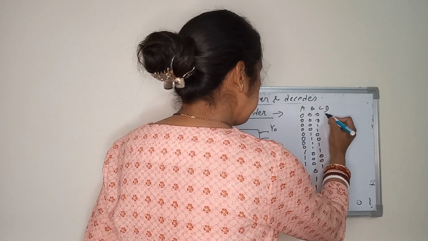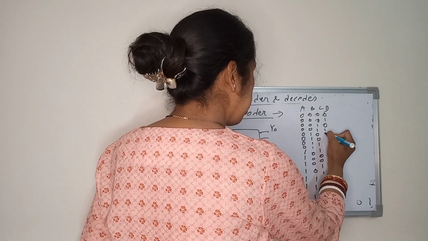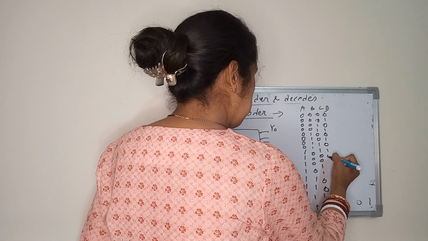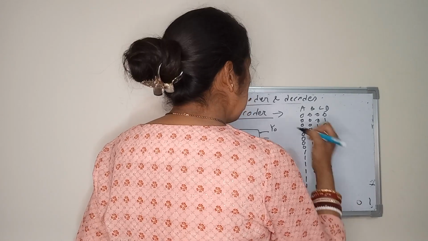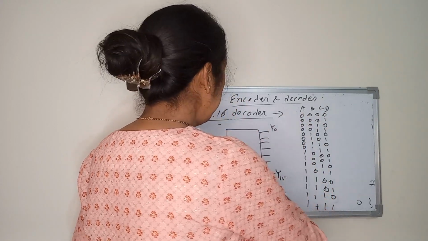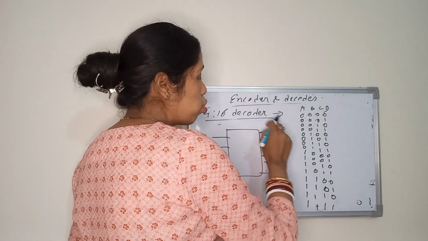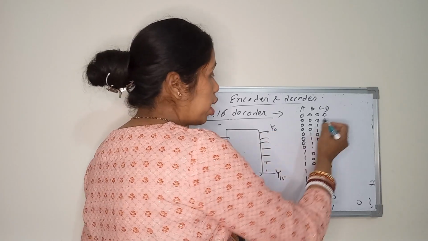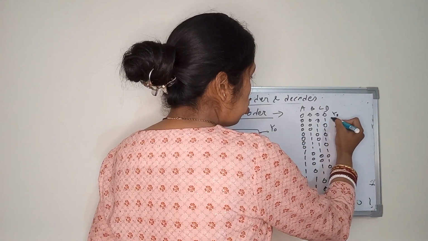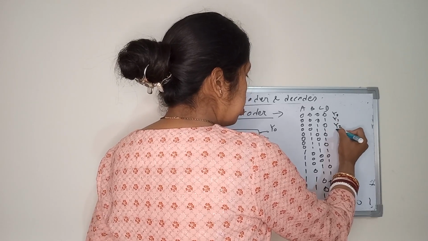When I give 0000, then y0 gets logic 1, right?